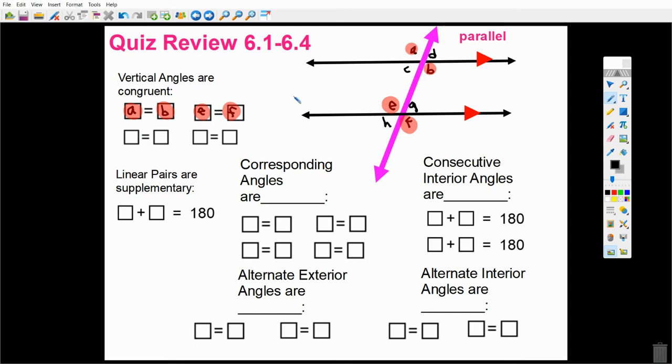All right, so we have D and C. So I'll put C and D. Those are going to be in blue.